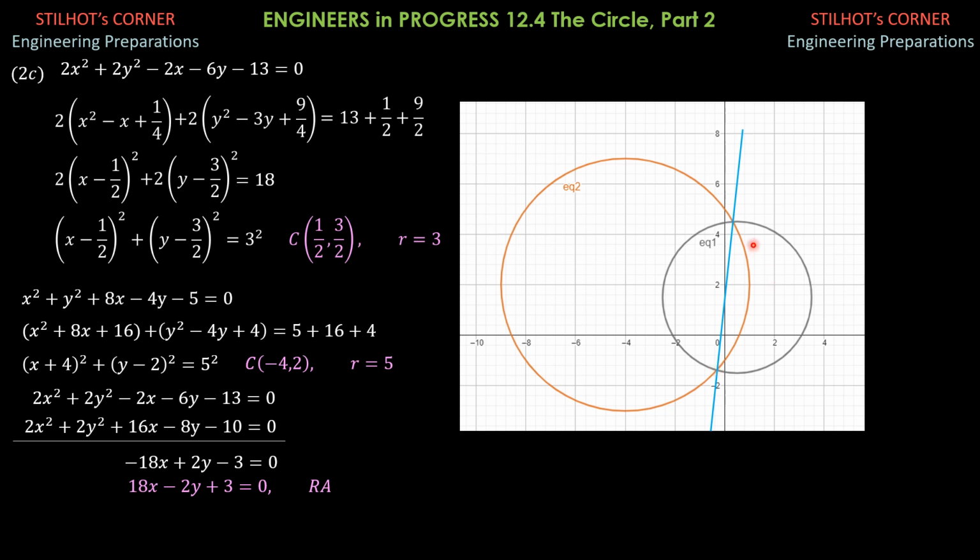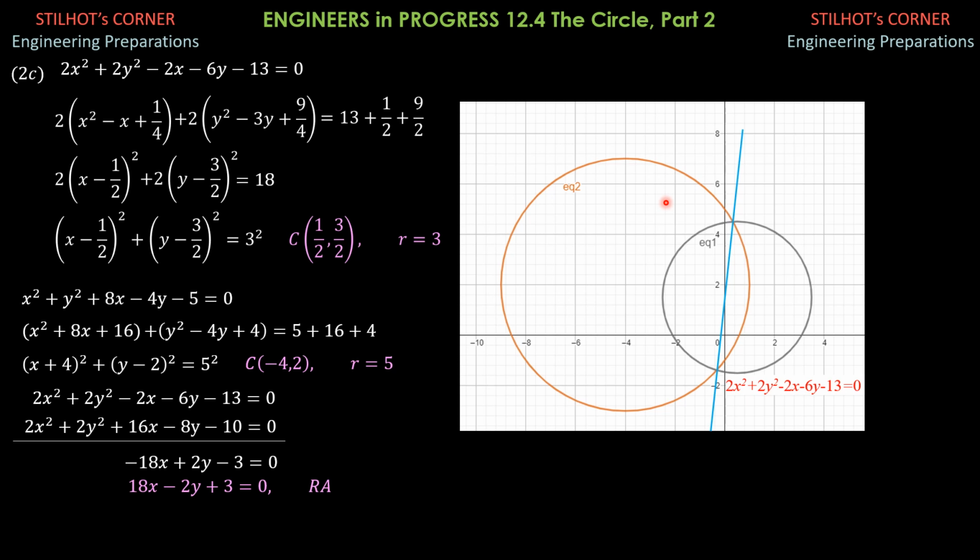To find the points of intersection of these two circles, we express y in terms of x from this equation. This is the first circle, 2x squared plus 2y squared minus 2x minus 6y minus 13 equals 0.